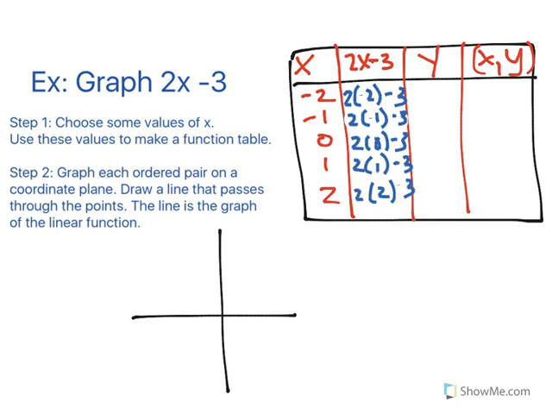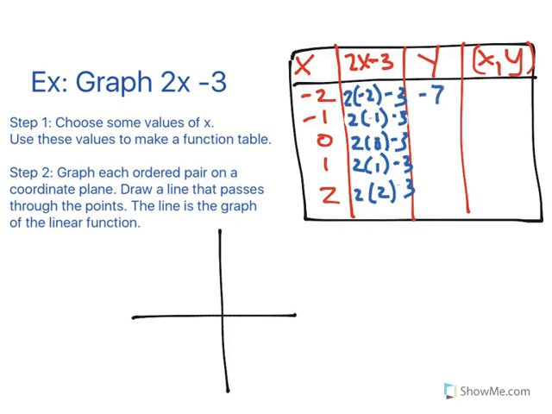So 2 times negative 2, that is a negative right there, is negative 4. And negative 4 minus 3 is going to be negative 7.